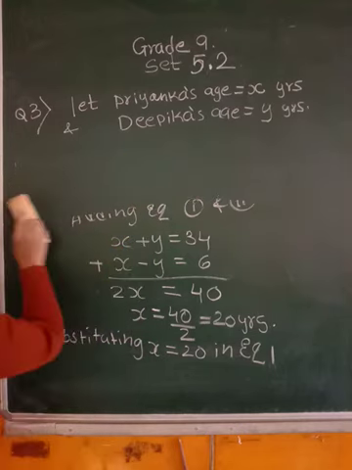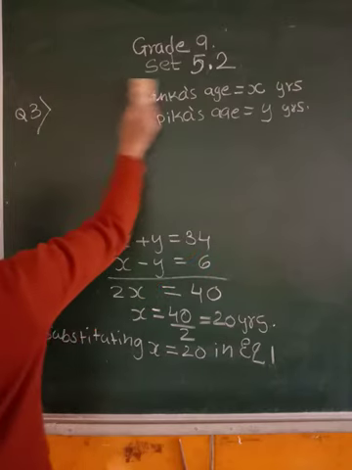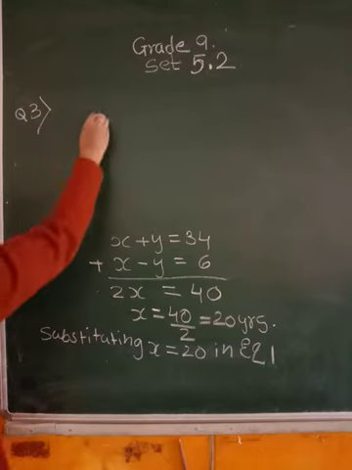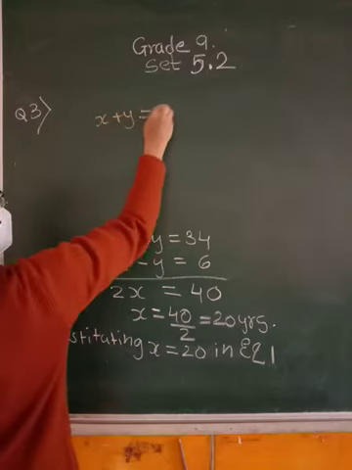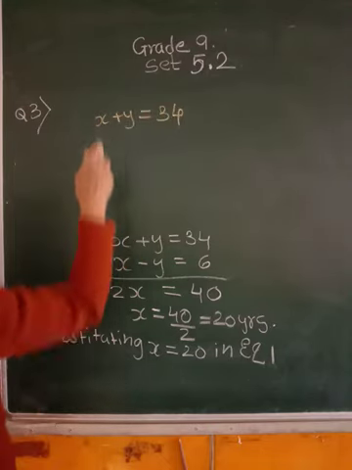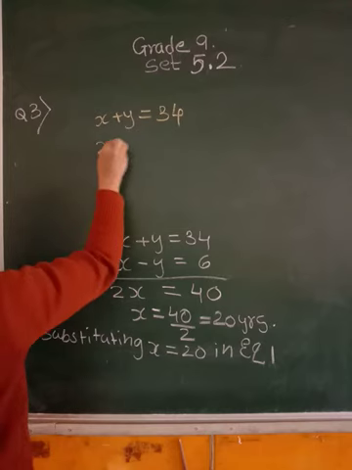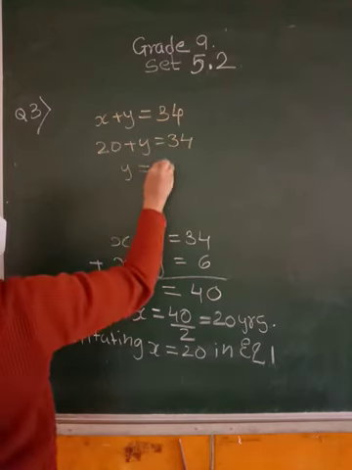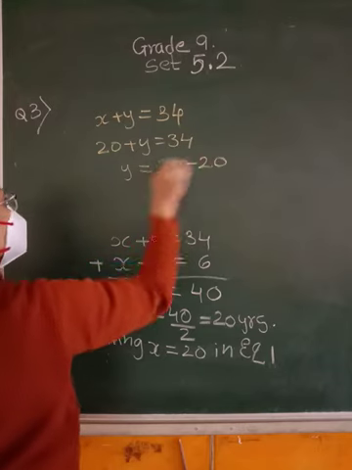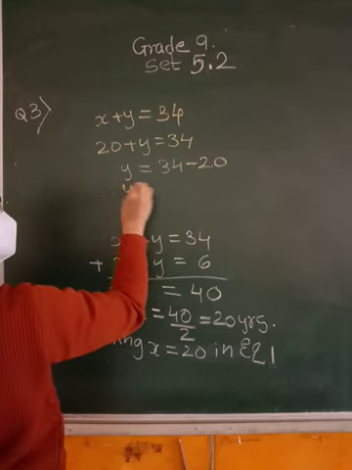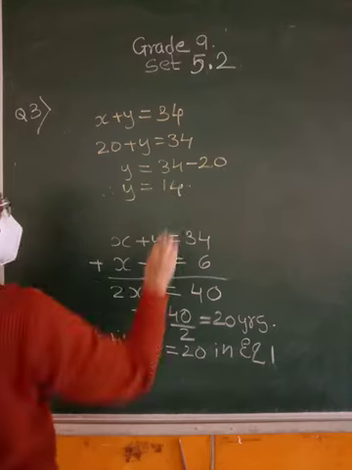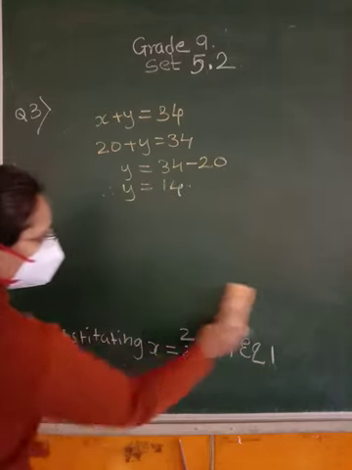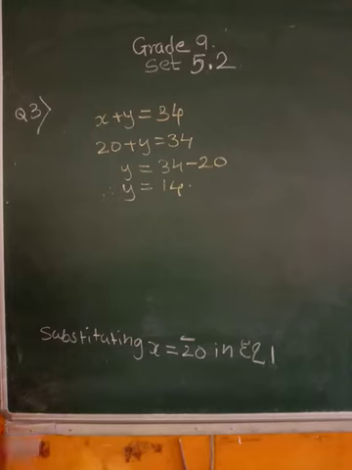Equation 1 is x plus y is 34. Okay. I am just erasing this. So x plus y is equal to 34. In this x is how much? 20. So 20 plus y is 34. So y will be equal to 34 minus 20. Therefore y will be equal to 14. Okay. So Priyanka's age is 20 and Deepika's age is 14 years.